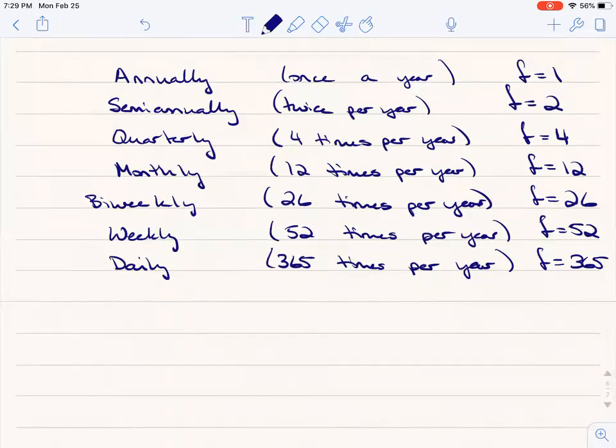Any questions about those? You need to have all these frequencies memorized, because in the problems, I'll say interest was compounded bi-weekly at a rate of 4%, something like that. Then you have to know, okay, bi-weekly, that's a frequency of 26.